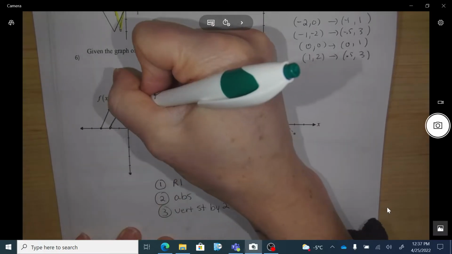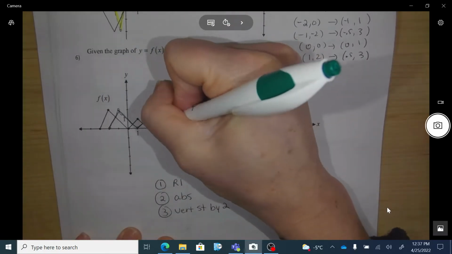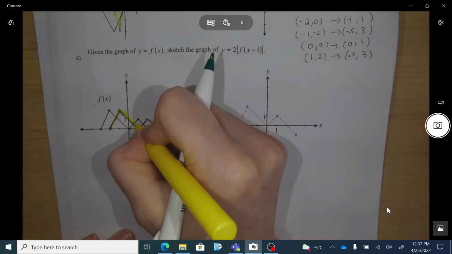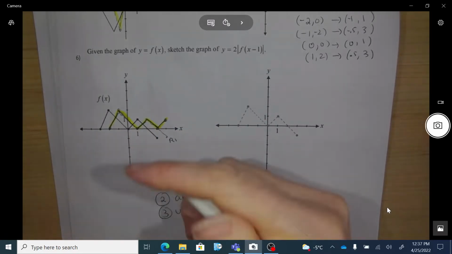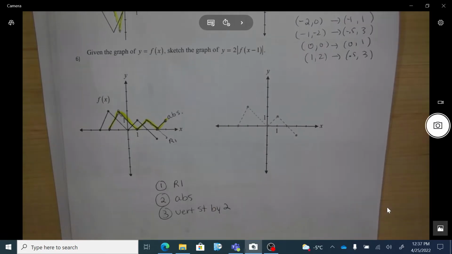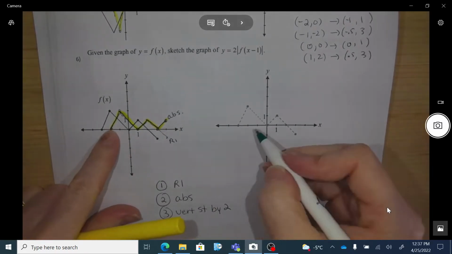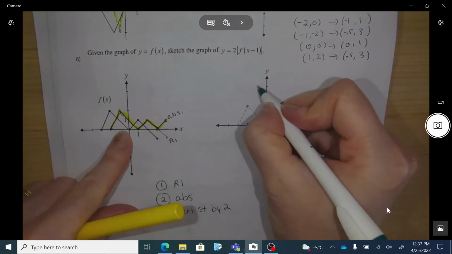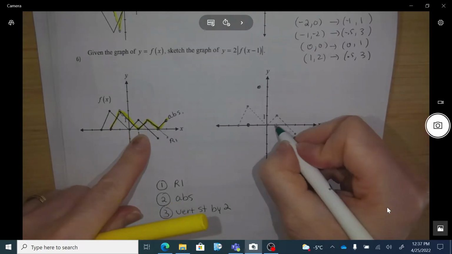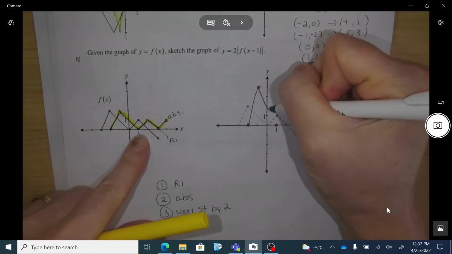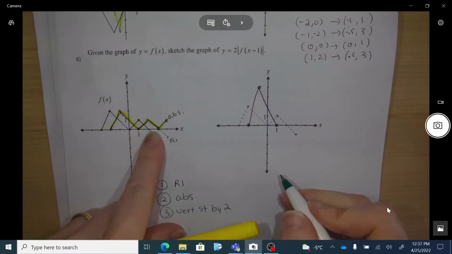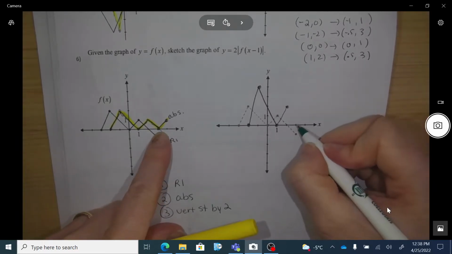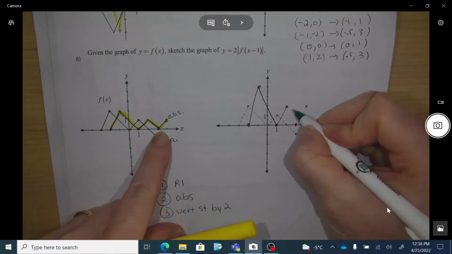So stay, stay, stay, stay, change. So that was the absolute. Now I'm going to vertically stretch by 2. So -2, 0 stays. -1, 2 is going to go to -1, 4. This will stay. 2, 1 will change to 2, 2. 3, 0 will stay, and 4, 1 will go to 4, 2.